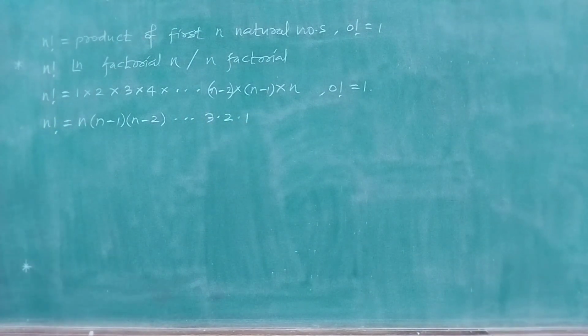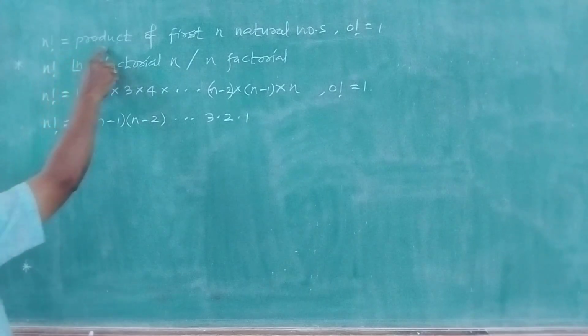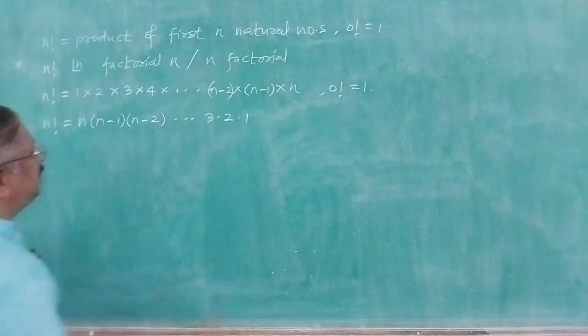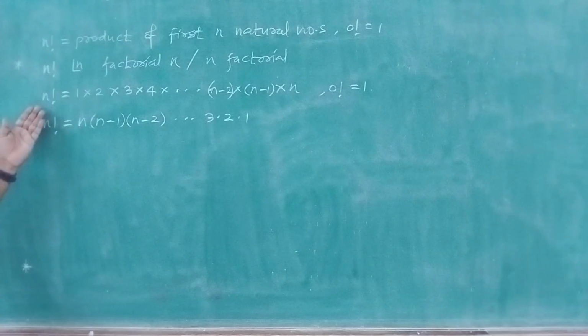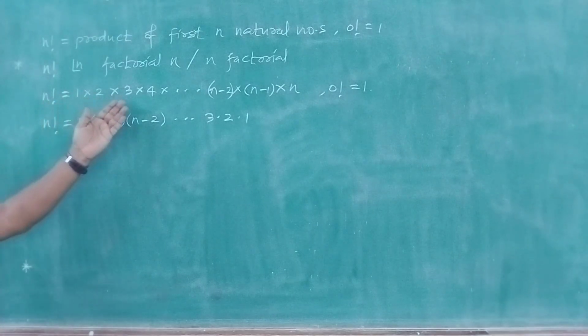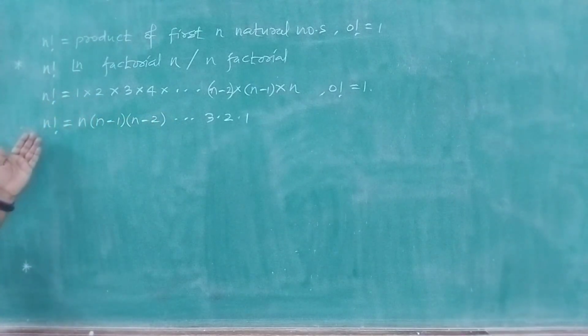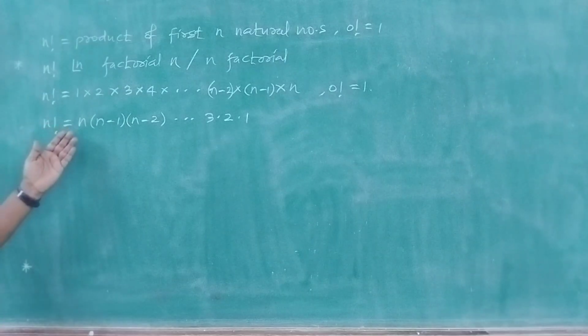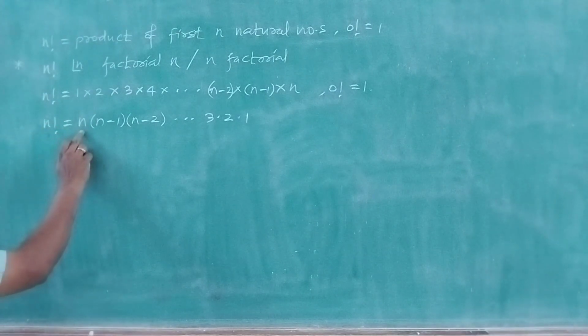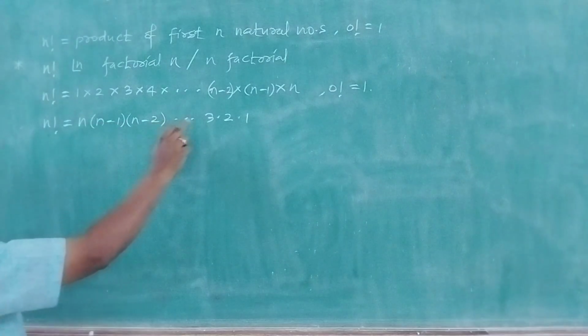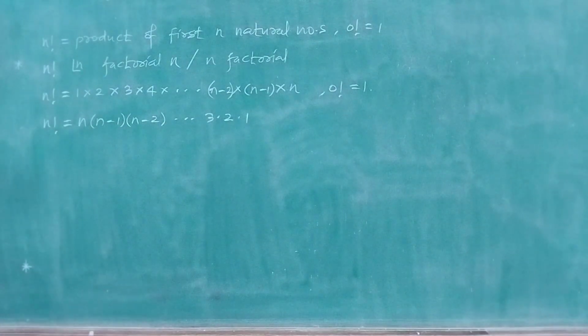I repeat, since n factorial is a product of the first n natural numbers, and natural numbers start with 1, we should write n factorial as 1 into 2 into 3 and so on up to n. For convenience, we write it as n, n minus 1, n minus 2, and so on up to 3 into 2 into 1.